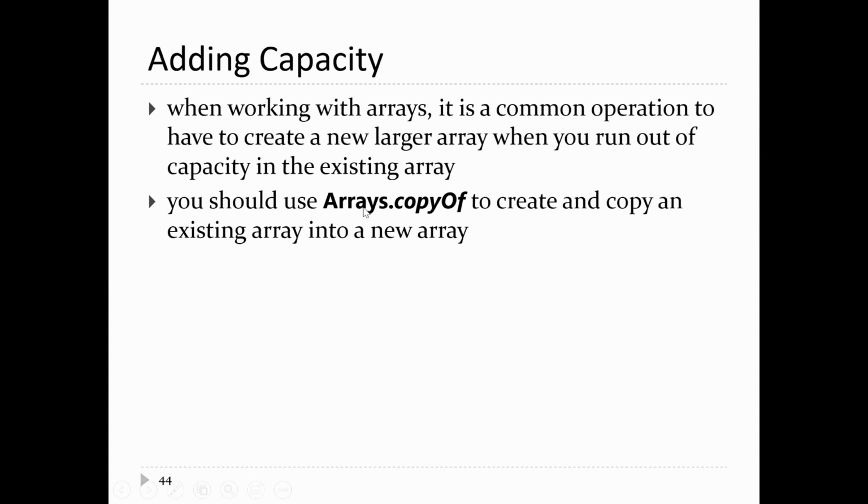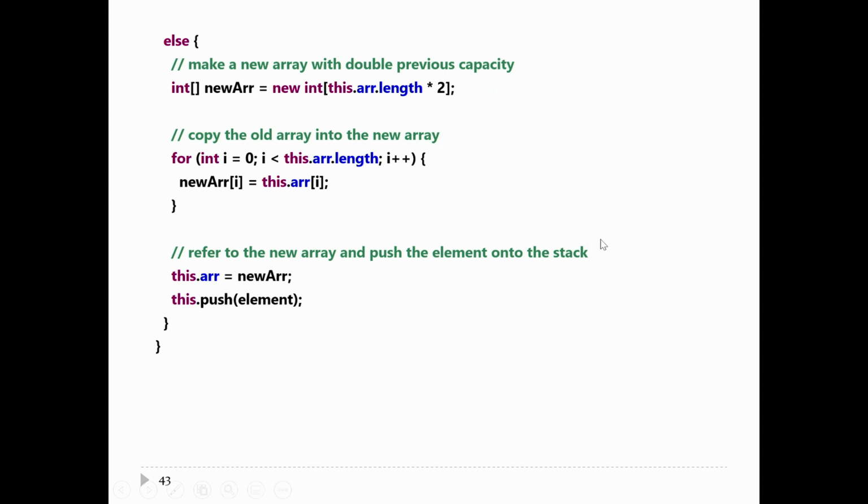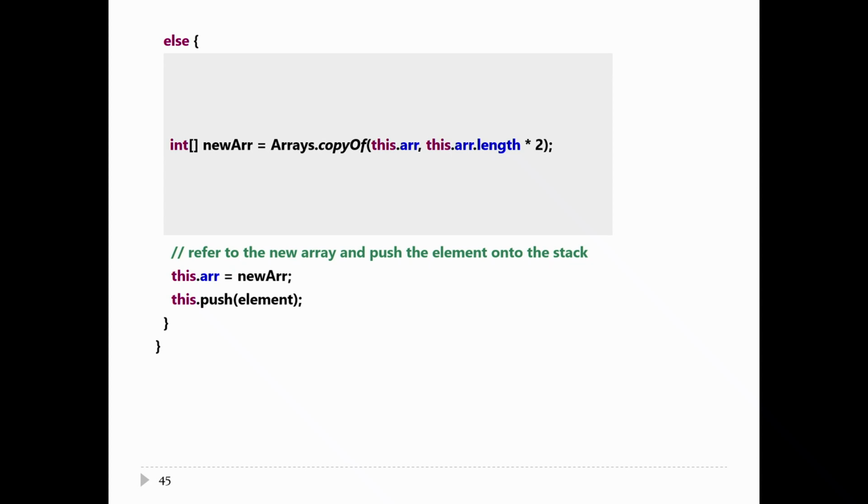Now, because it's common, the designers of the language added a method that does this for you, right? So Arrays.copyOf will create a new array for you of any capacity that you ask for, and then copy the elements of an existing array into that new array for you. So instead of writing this, you can just write that.